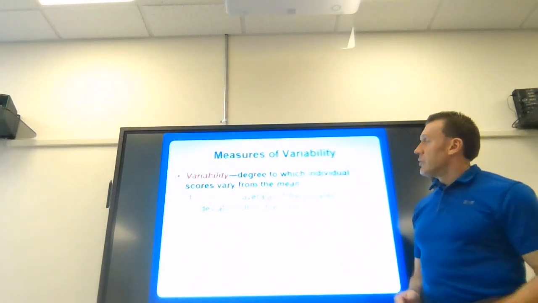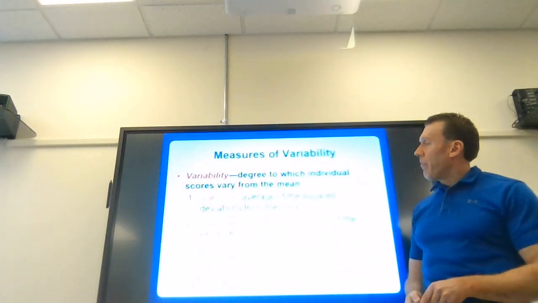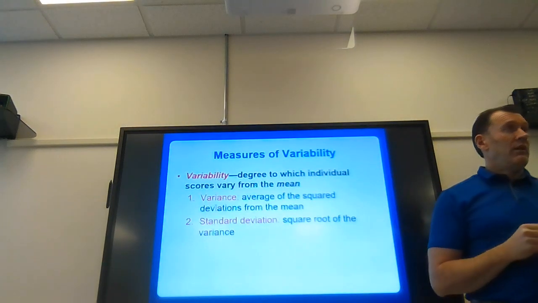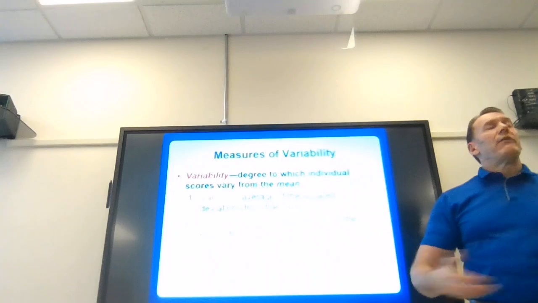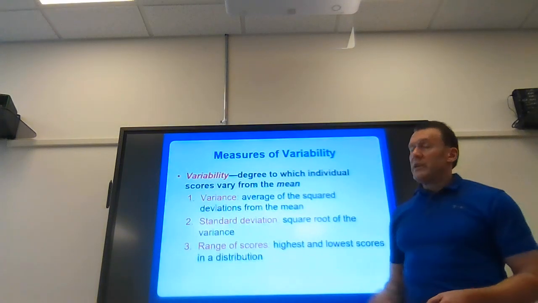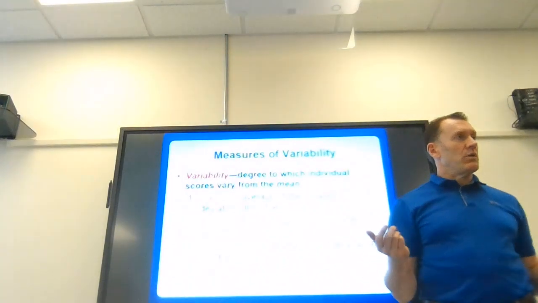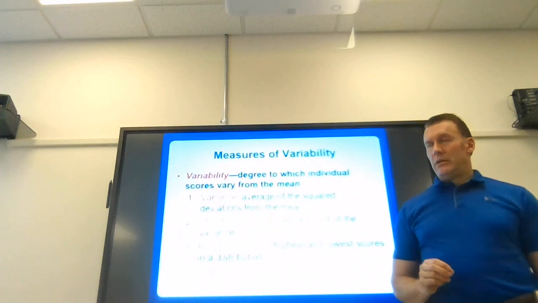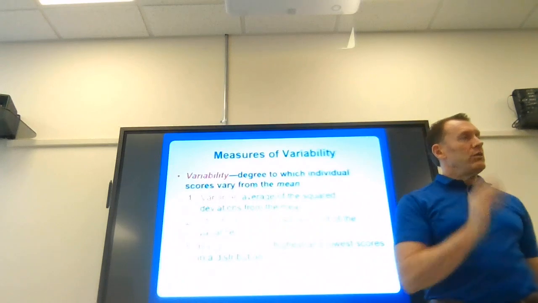So, the average of the squared deviations from the mean. Standard deviation is the square root of the variance, so you could say the square root of the average of squared deviations from the mean. And then the range takes into account the highest and lowest scores. So these are three ways of describing variability around the mean value.